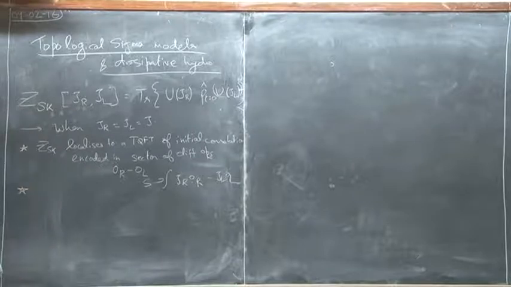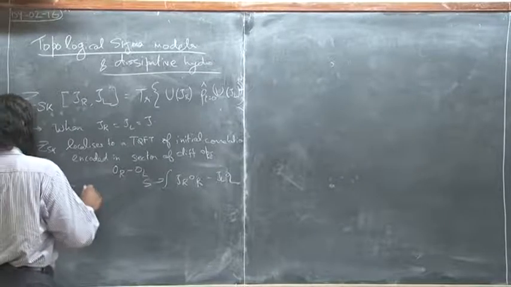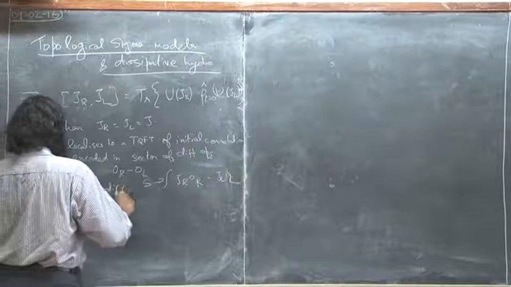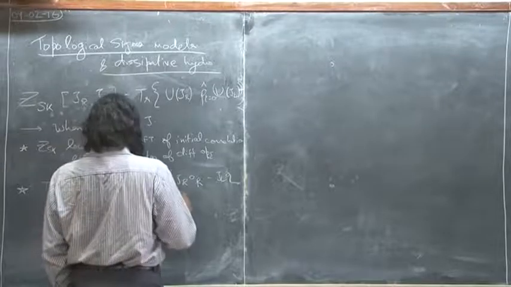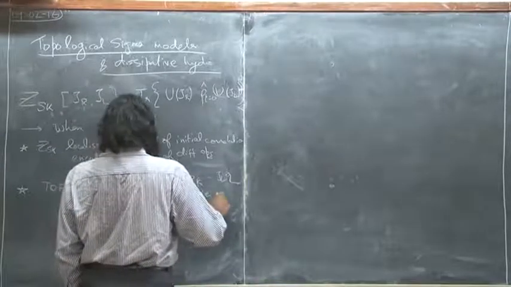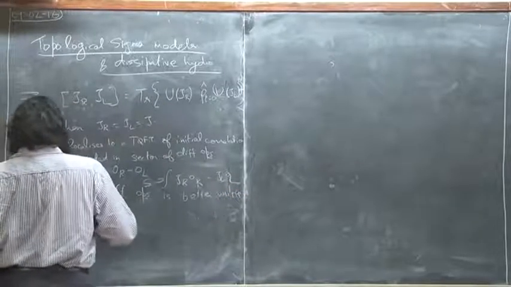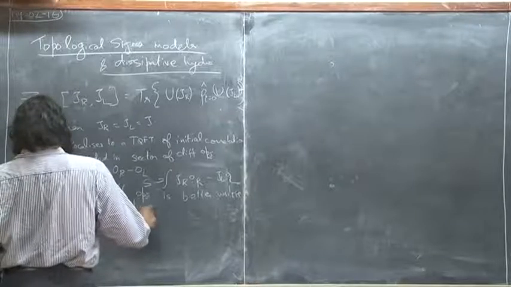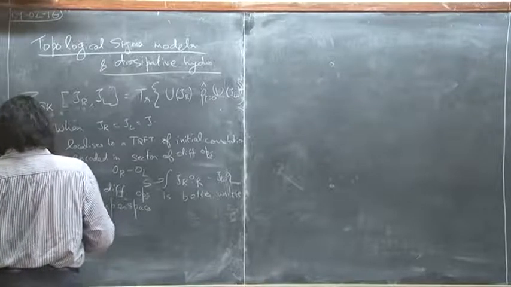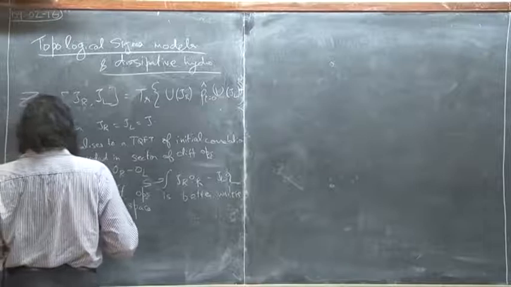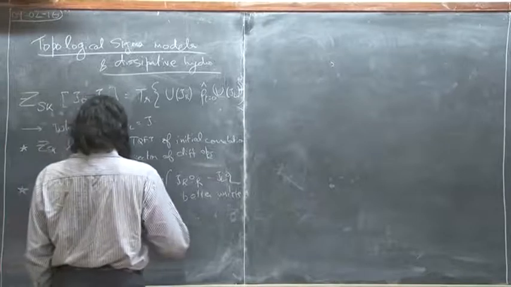The second thing that we noted was that this quantity of difference operators is better written in superspace. Let's say sigma^A is your usual spacetime. Then to your spacetime you add two coordinates theta and theta bar. Okay, these are Grassmann.